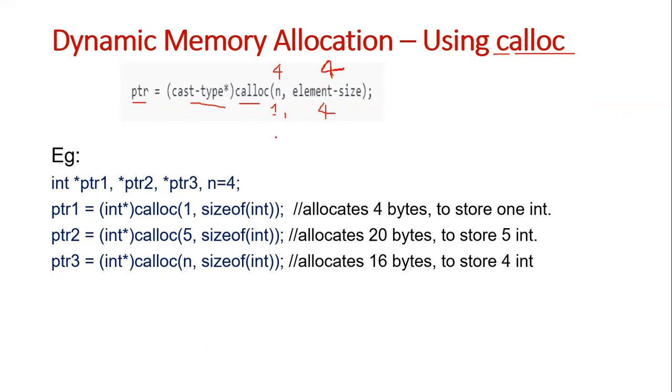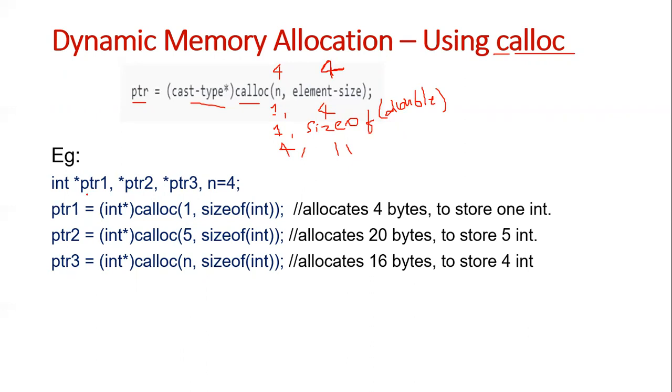If you want to allocate memory for storing one double value, then you can give 1 comma 8, or you can give 1 comma sizeof(float) or sizeof(double). If we want to allocate memory for storing one double, then we give 1 comma sizeof(double). So this is the example.